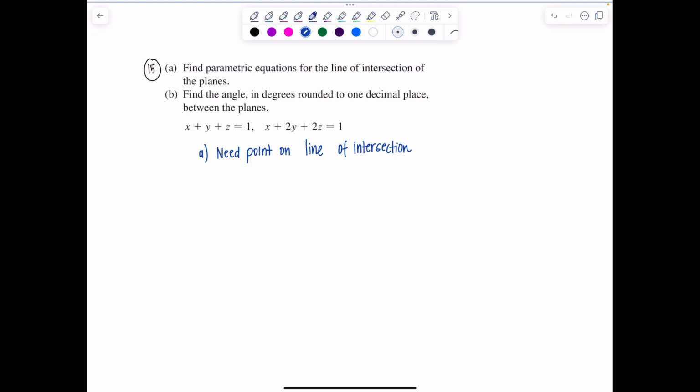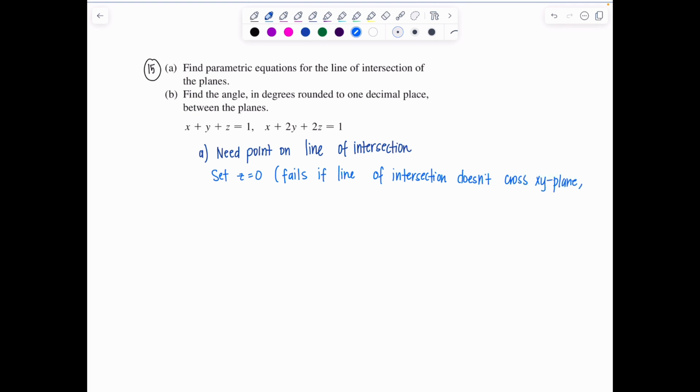And last time I said just try setting z equal to 0. So we'll do that again. You can alternatively set x equal to 0 or y equal to 0. Now, this will fail if the line of intersection doesn't cross the xy plane, which is totally possible.